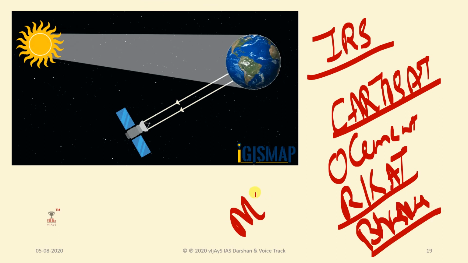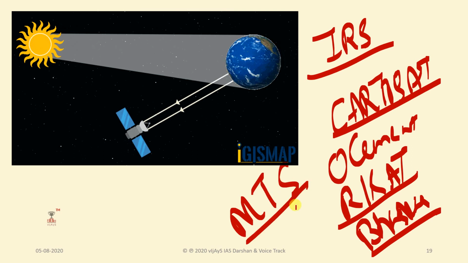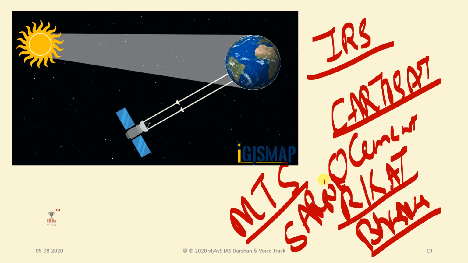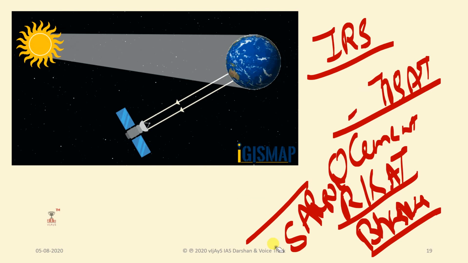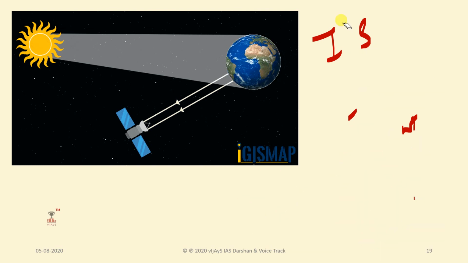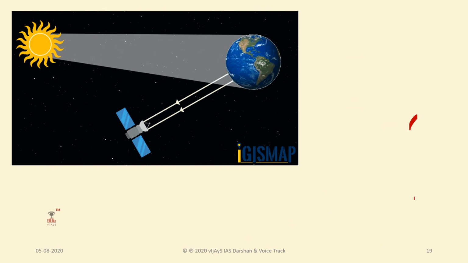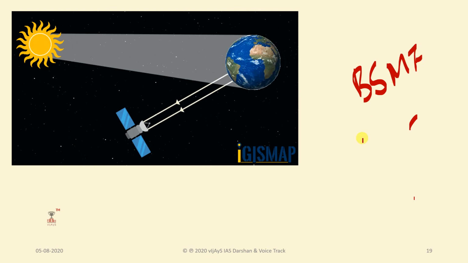After that Megha-Tropiques satellite, and a satellite with Argos and AltiKa. So once again, remote sensing satellites are IRS satellites, Resourcesat, Cartosat, OceanSat, Bhaskara satellites, Megha-Tropiques, and the satellite with Argos and AltiKa.